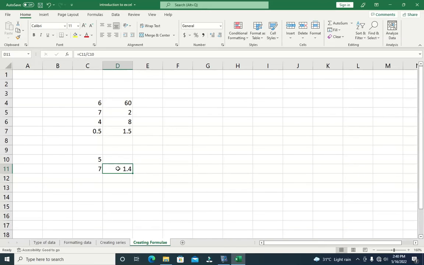And it's not limited to that. All the information here should be linked to this information here. So let's see. Instead of 6, let's write 10. You realize that automatically the 4 changes to 100, because this cell has been instructed to be the number in C4 multiplied by 10. Now the 7 is here. We said this should be a number from which something had been subtracted.